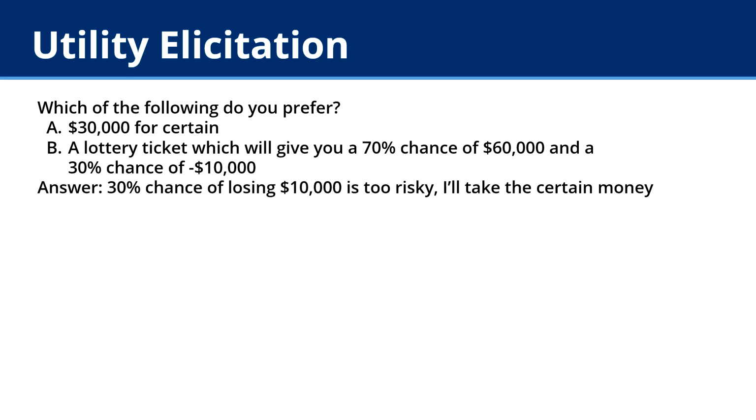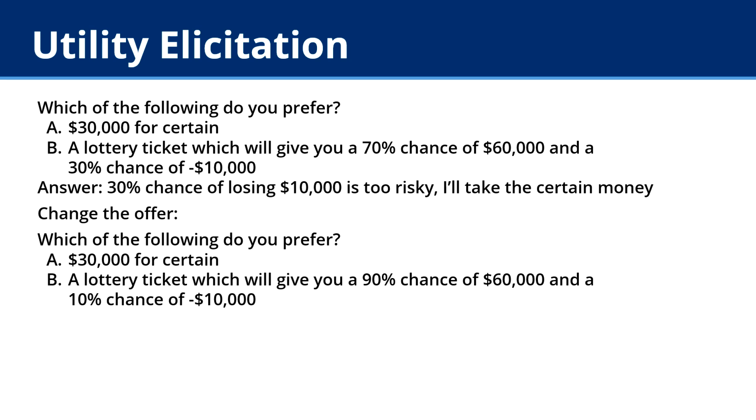Let's change the offer here. Which of the following do you prefer? Again, we'll offer a $30,000 guarantee, or option B, this time a lottery ticket which gives you a higher probability, going from 70 to 90% chance of winning 60,000 and a 10% chance of losing 10,000.